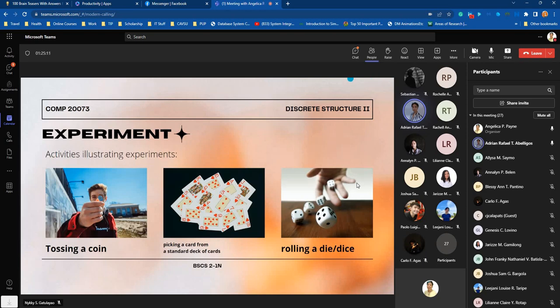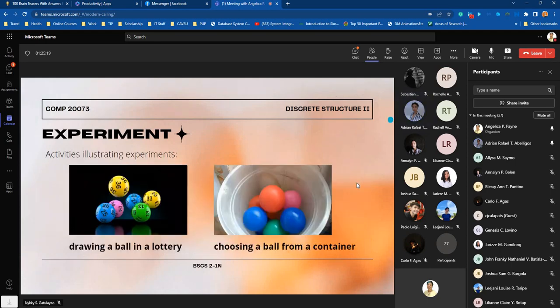Then, picking a card from a standard deck of cards, or rolling a die or dice. Also, choosing a ball from a container or drawing a ball in a lottery. These are some of the activities that best illustrate the word experiment in probability.